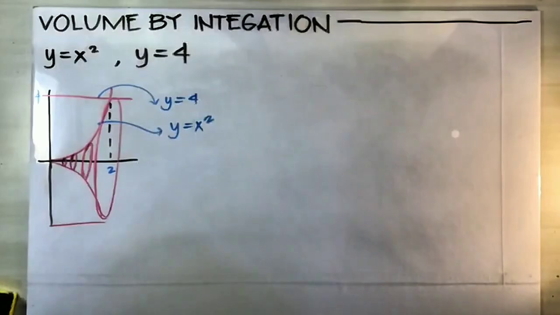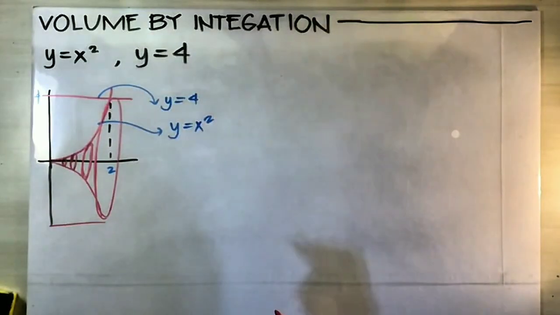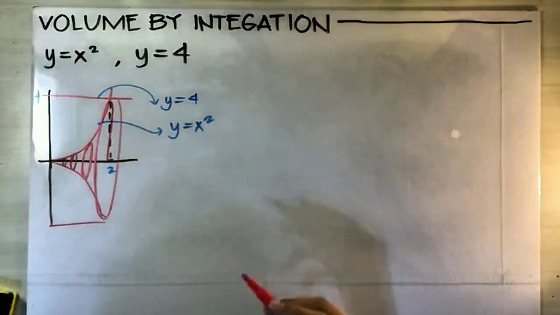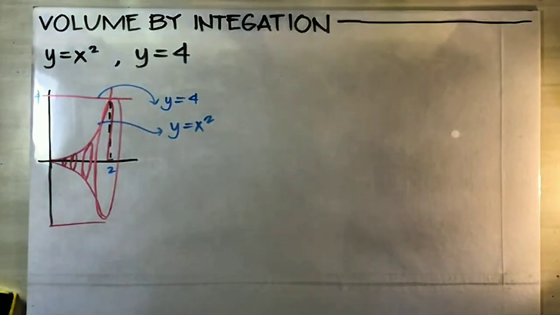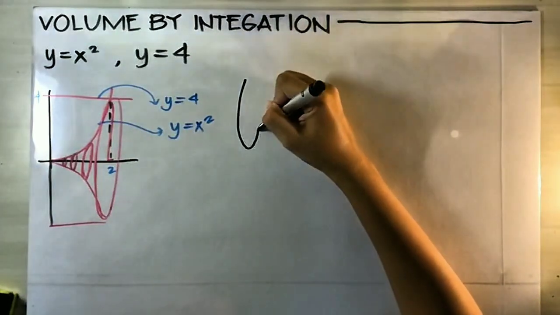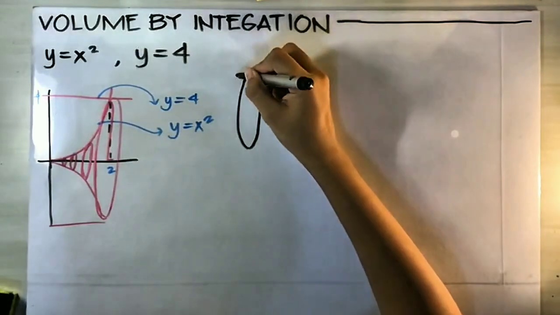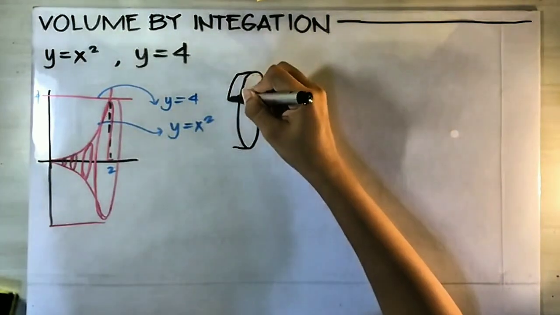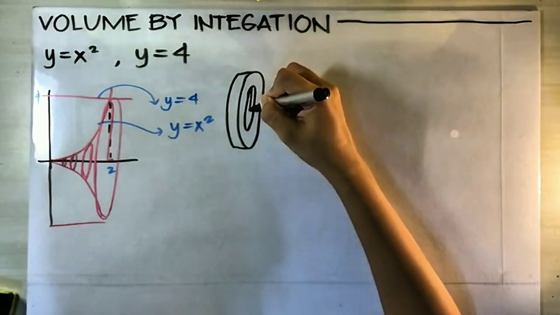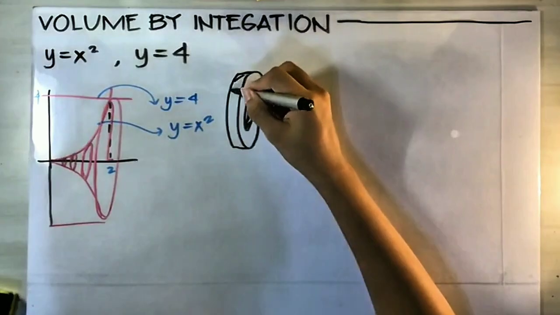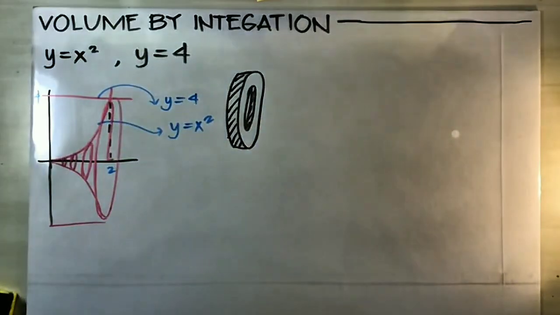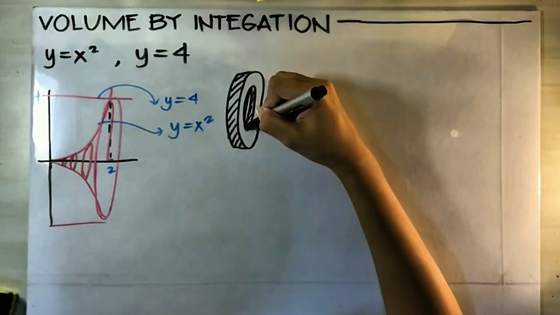So if we cut this plane into strips like this, so let's redraw it. So we will have something like this. If we cut that into strips, something like this. Like that. So we have a hole here.